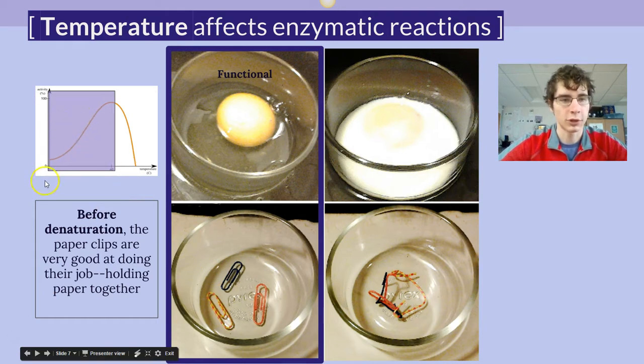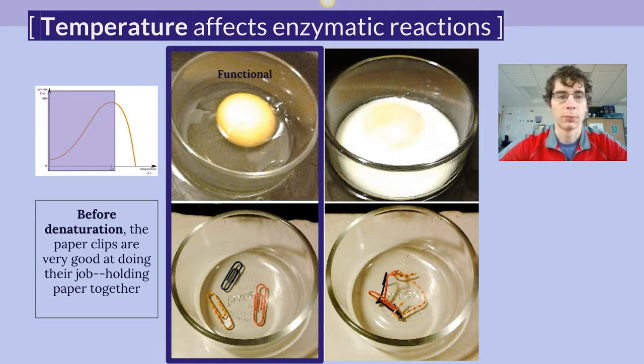However, we're talking about this temperature range right here, between 0 and 40 degrees. We know that when we cook an egg, it turns white. And the process of going from clear to white is a demonstration of a denatured protein. So this egg is getting denatured when it gets cooked. Similar in our model down here, these paper clips, if we were to heat them up, they would denature, they would lose their shape, and no longer be able to hold paper together.